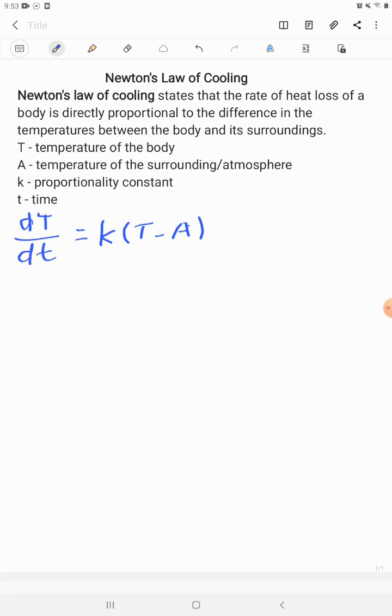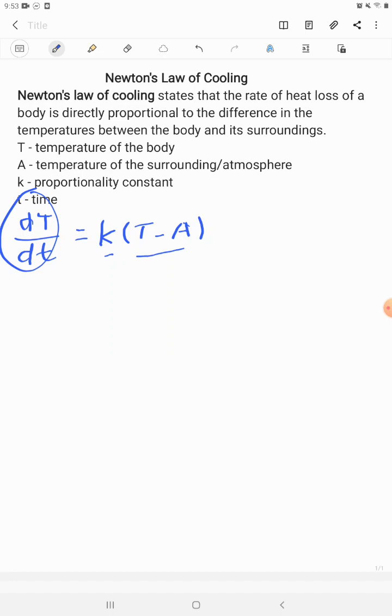After we have formulated the equation, we can now derive the equation for Newton's law of cooling using what we have learned in differential equations, that is, separation of variables.